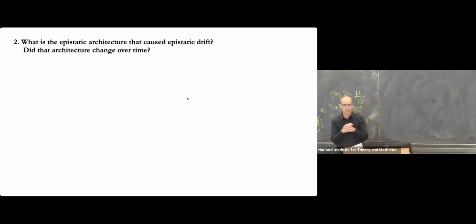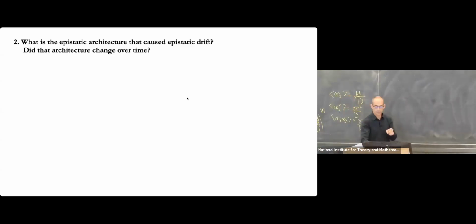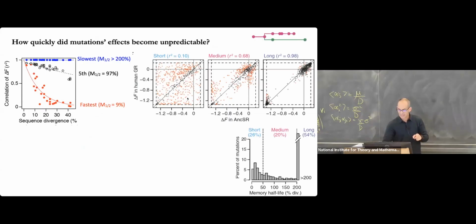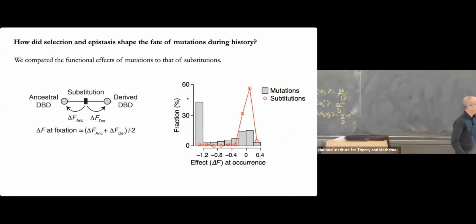Out of this 1,400, how many of them do you infer that somewhere along the phylogeny existed? I'm asking whether those mutations ever occurred. That's this. These are the ones that occurred.